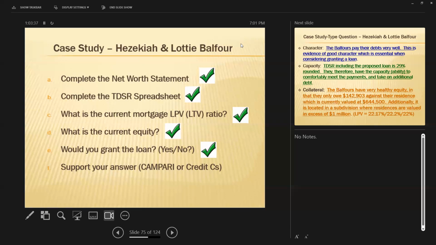You want to talk about the LTV or the equity, one or the other, or use both in conjunction. So you probably want to say they have very healthy equity in that they only owe 142 or 143,000, if you want to round it off, against the residence, which is valued at 644.5 thousand.